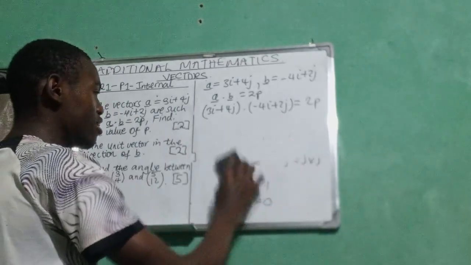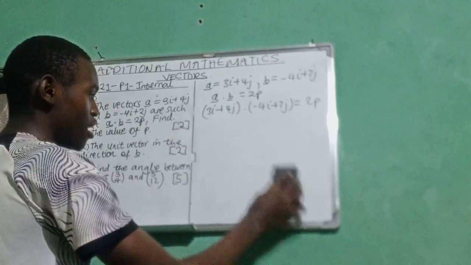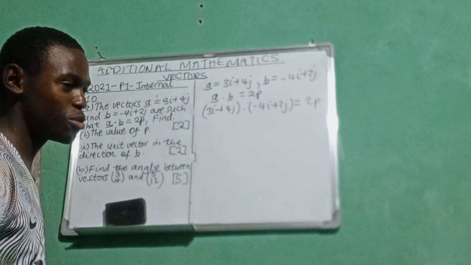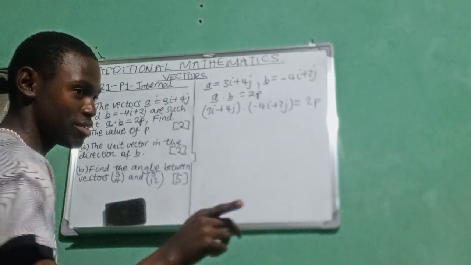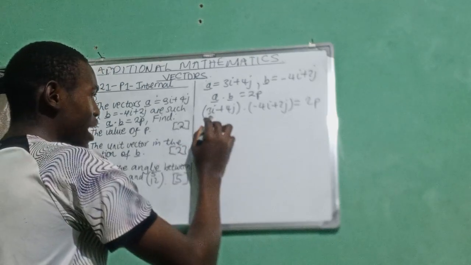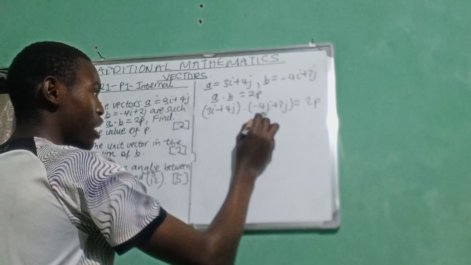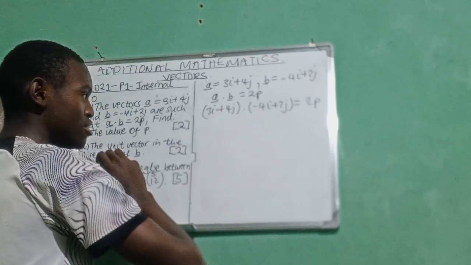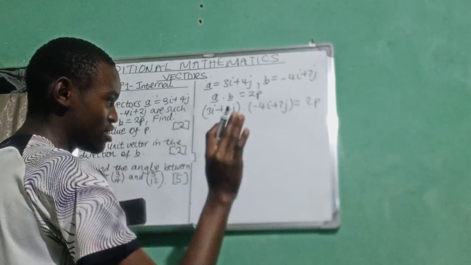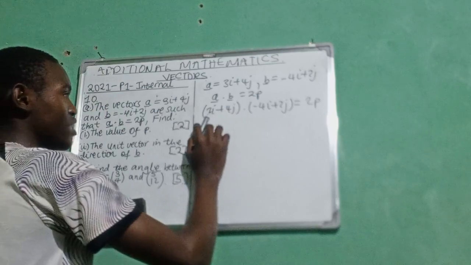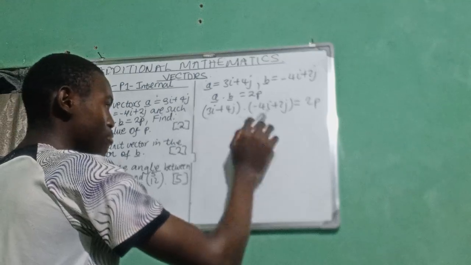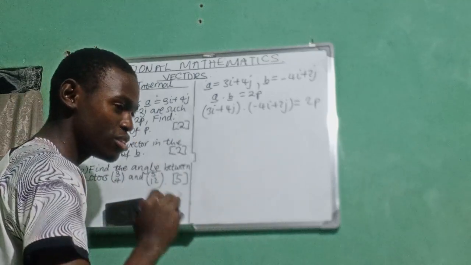When we're multiplying in such a case, our multiplication is done like this, corresponding. We multiply corresponding numbers. What do I mean? 3i times negative 4i, and then 4j times 2j. Don't do 3i times 2j, because i times j gives you 0, so it is not necessary.